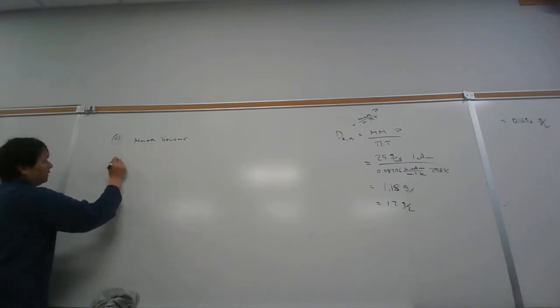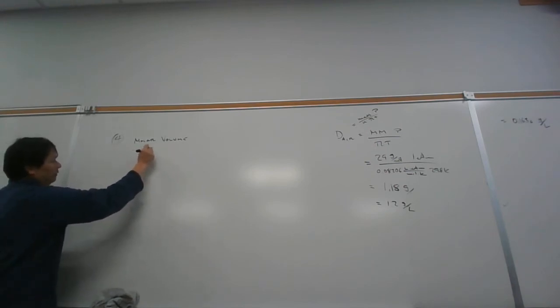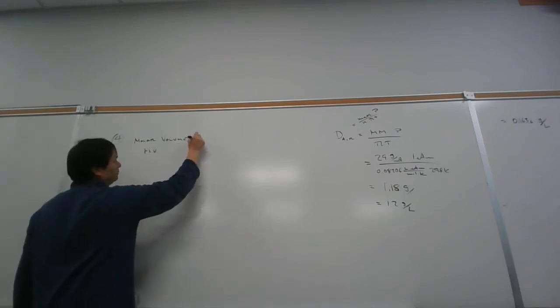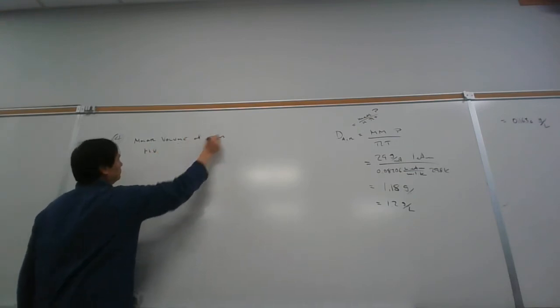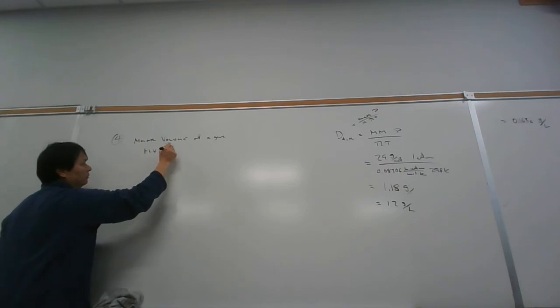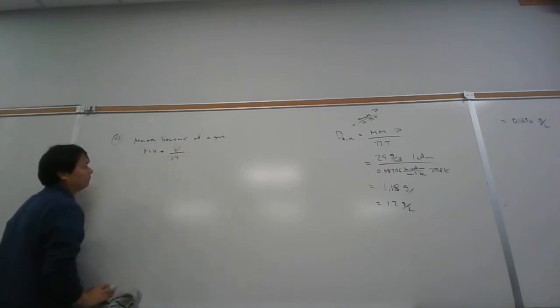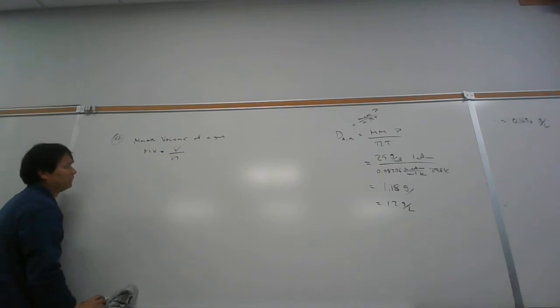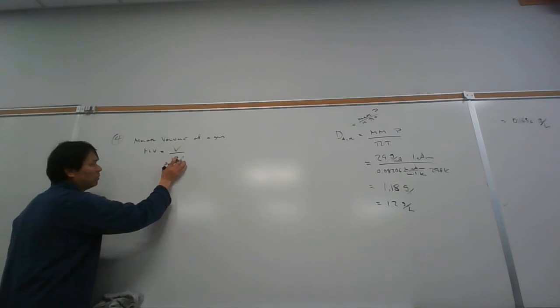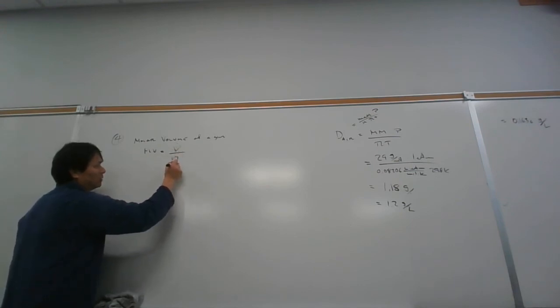Okay, the molar volume of the gas, MV, is equal to the volume per mole, V over N. And so 1 mole of gas occupies how many liters? We're going to do the same thing here.